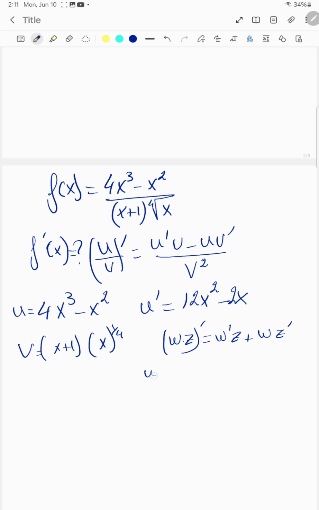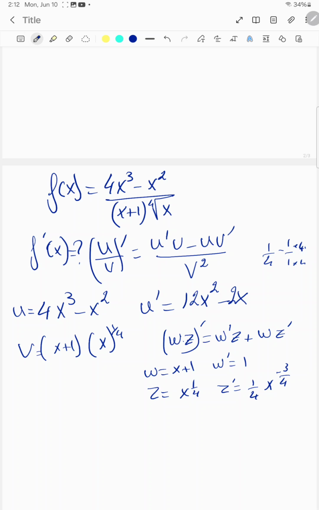Okay, and my w here is equal to x plus 1, so my w prime is equal to 1, and my z is equal to x to the power of 1 over 4. My z prime is equal to 1 over 4 x to the power of, and here I do 1 divided by 4 minus 1, which is 1 minus 4 over 4, it's minus 3 over 4.